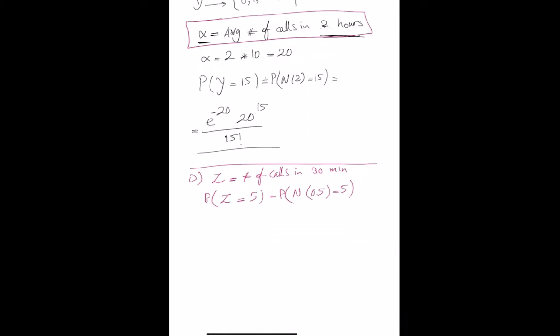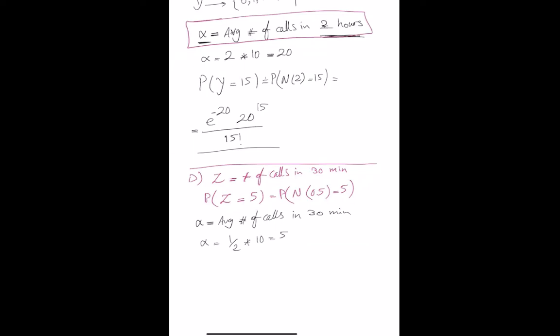So my very first step is to find the correct alpha. What is alpha here? Can you define alpha for me? Average number of calls in 30 minutes. Okay. Given that I know the average number of calls in 1 hour is 10, in 30 minutes it is 1 over 2 multiplied by 10.